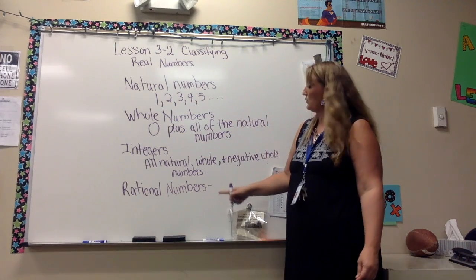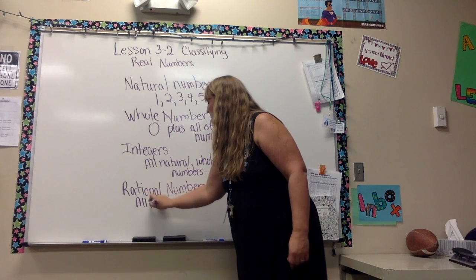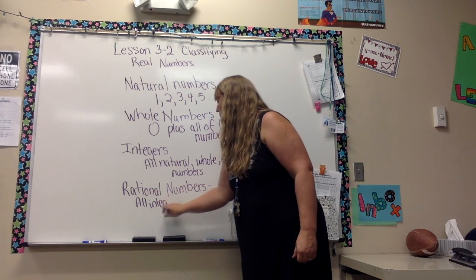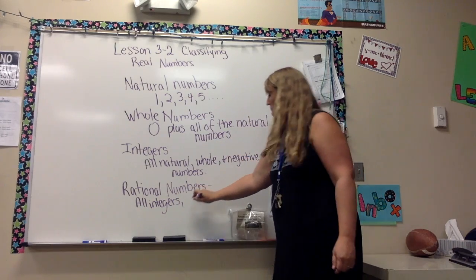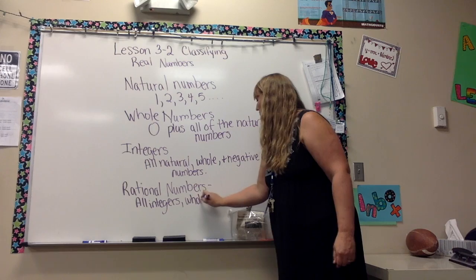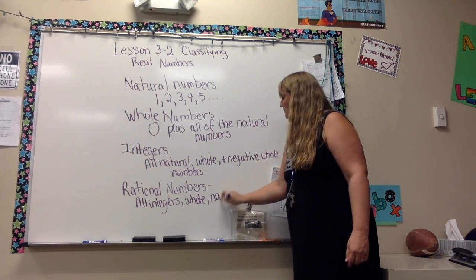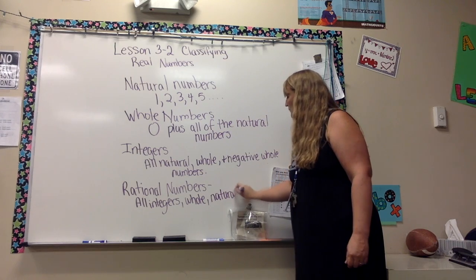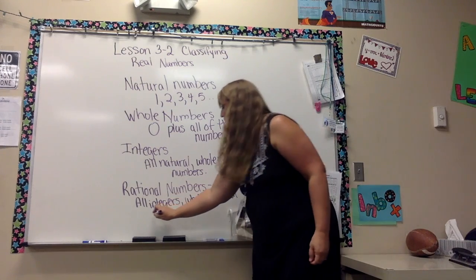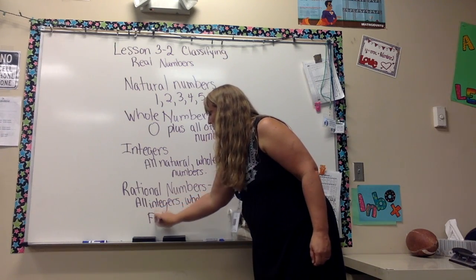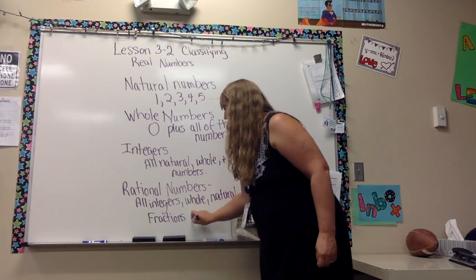So rational numbers, of course, they include all of the integers. And they include all of the whole numbers. They include all of the natural numbers. Plus, they include all of the parts of numbers, which would be fractions and decimals.